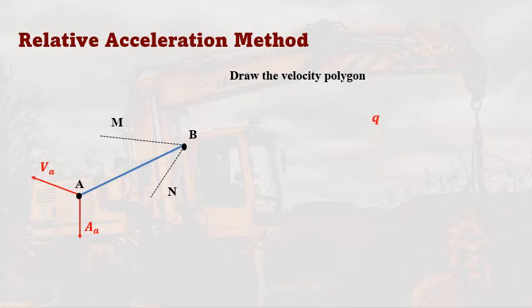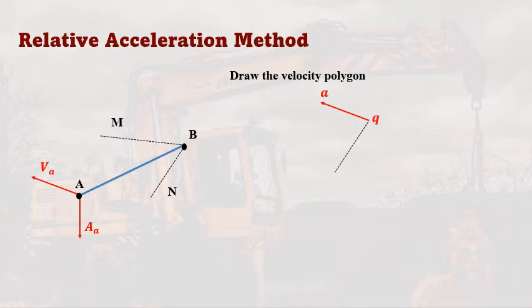In doing that, we select a pole Q, and then from that pole Q, we draw the direction of the velocity of A. So this is the velocity of A. We just draw that from Q because the velocity of A is known and its direction and magnitude are also known. So we can draw that in the velocity polygon.